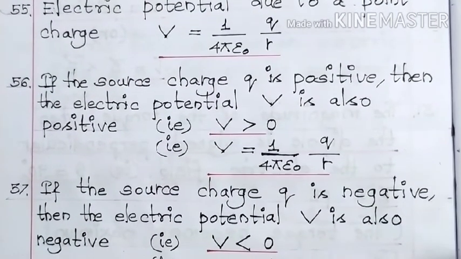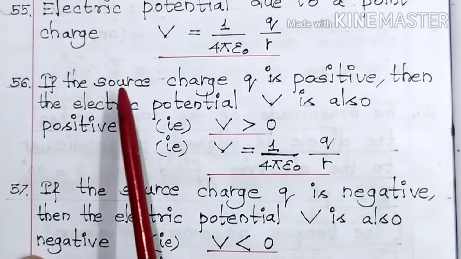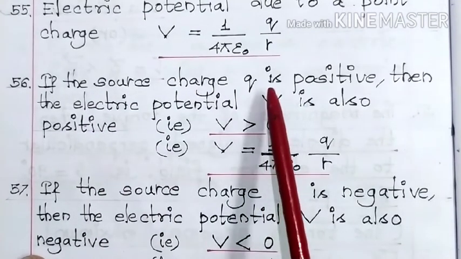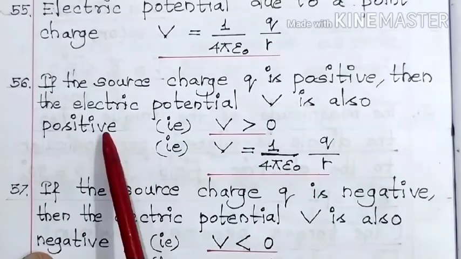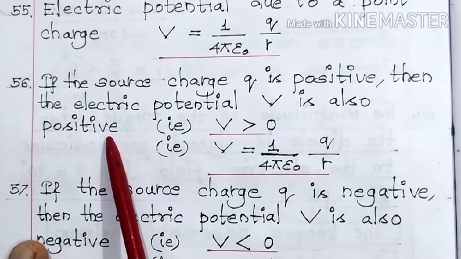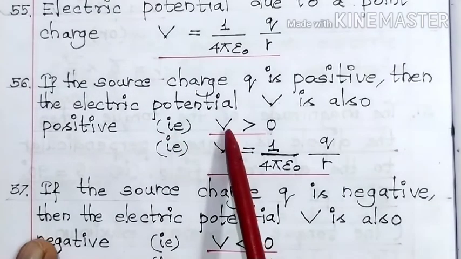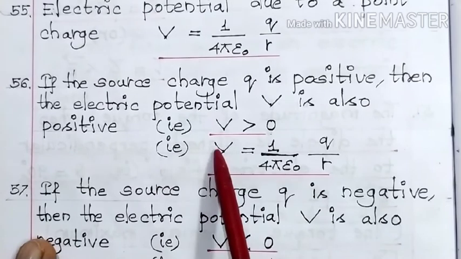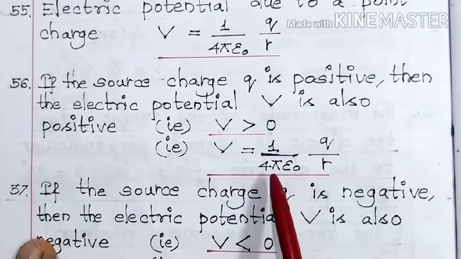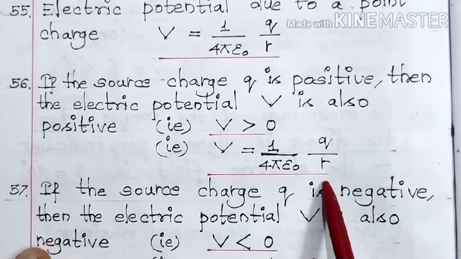Next point. If the source charge Q is positive, then the electric potential V is also positive. That is, the electric potential V is greater than 0. That is, V is equal to 1 by 4 pi epsilon naught Q by r.